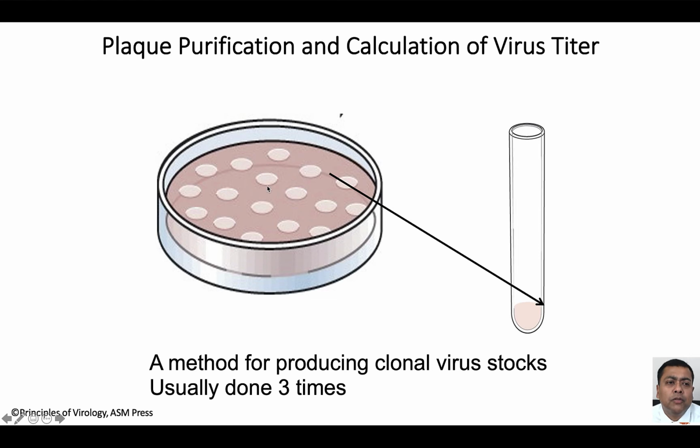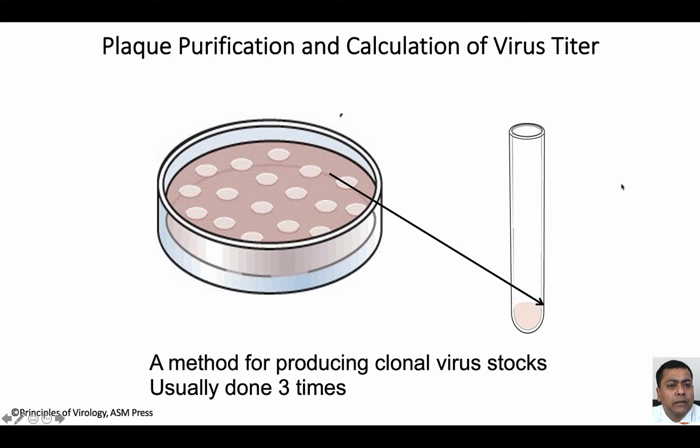Now, you know that viruses mutate in the cell all the time. So, assuming that one virus infected one cell and they are all the same, you usually plunge a micropipette and take out a small amount of this agar or the CM cellulose plug. Basically, you just suck it up, and then you put that agar plug into a media. And the viruses you sucked up from that plaque are going to be suspended in there. Now, this is your virus stock.